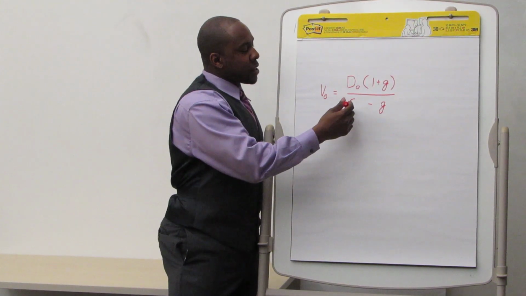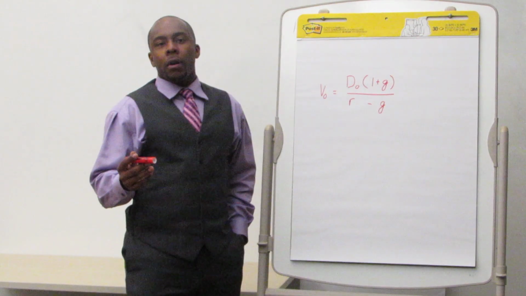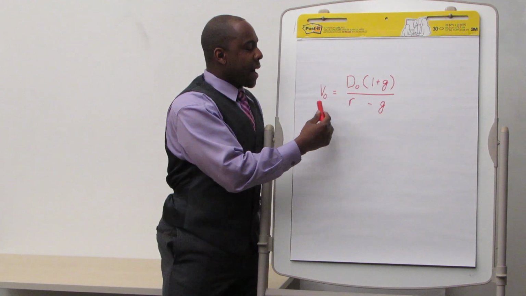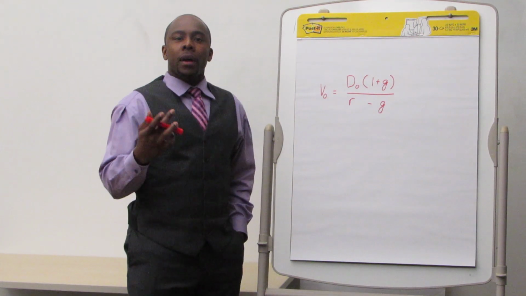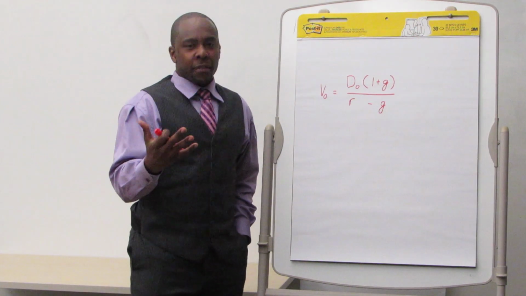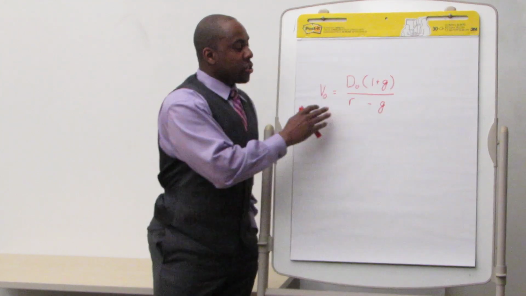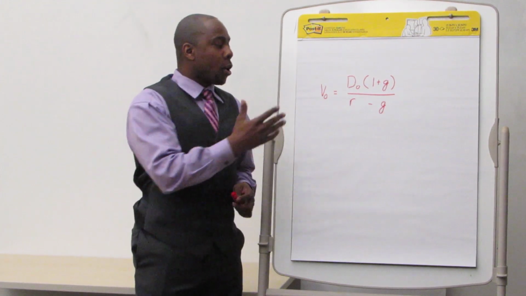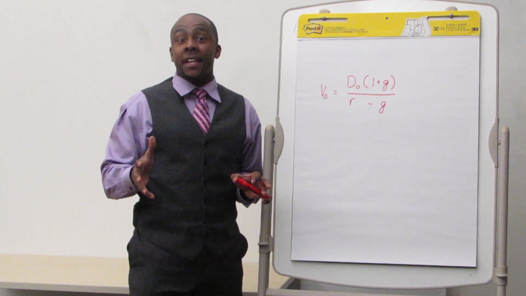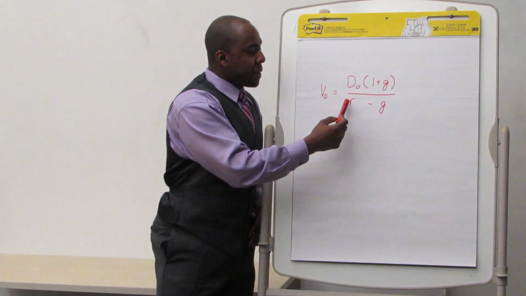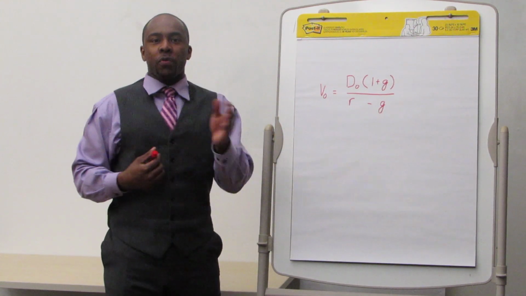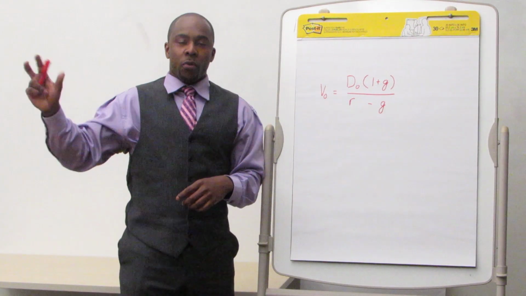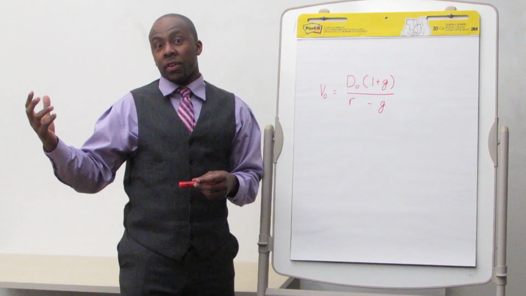Also, with your required rate of return, make sure you're conservative there as well, because you do not want to have a very high value when it's not justified by the facts. So just be careful of your inputs. The best way to do this is just to go into Excel and perform a sensitivity analysis, and see what the value is with various required rates of return versus required growth rates.